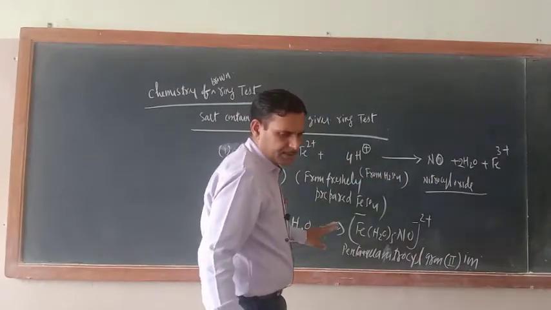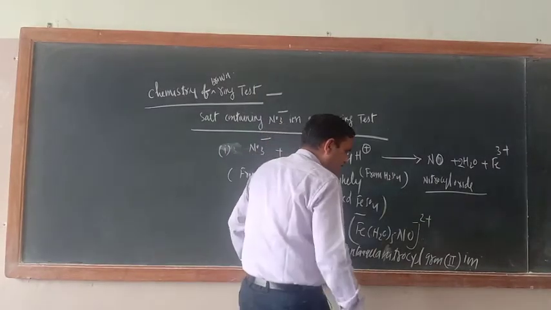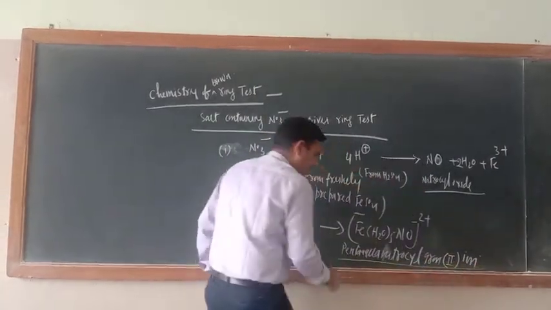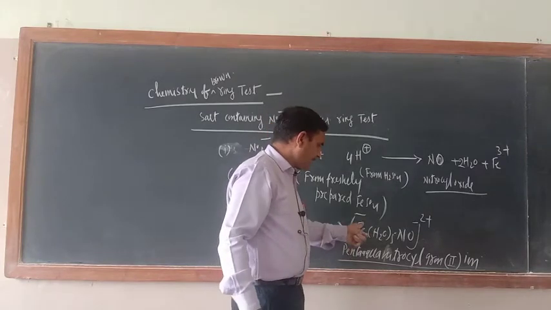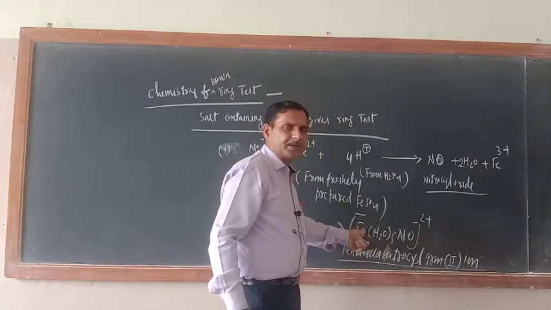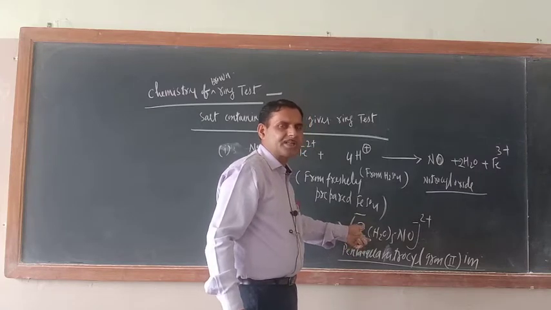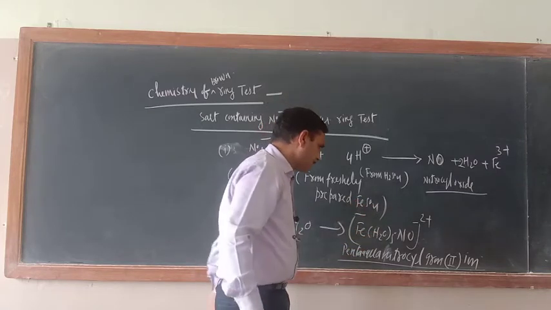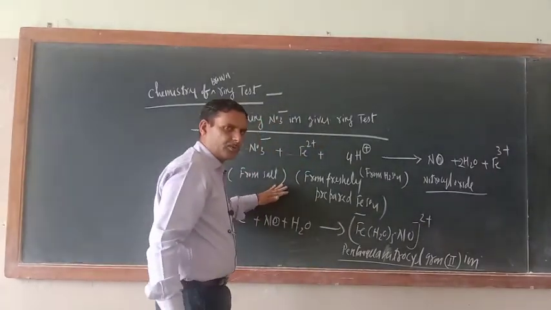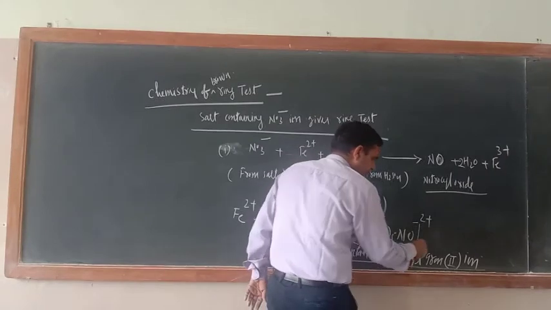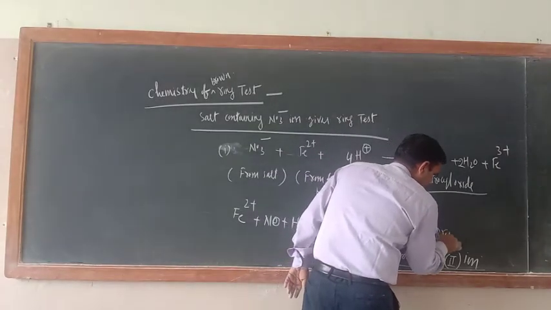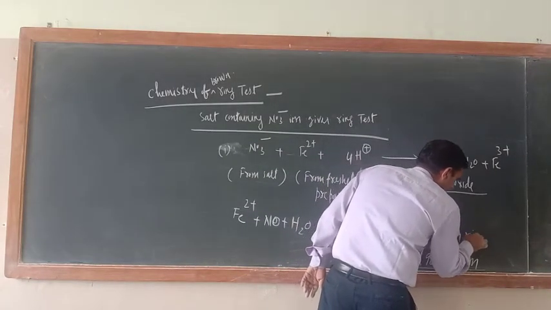Now just try to understand why I was not teaching this one: remembering this name is difficult. This is a coordination compound, and for the naming of coordination compounds there is a separate rule in coordination chemistry. Nevertheless I thought it is better to complete it here. So this compound is formed in the test tube, and because of its formation, the brown ring is formed.